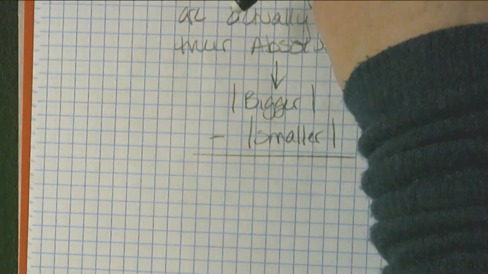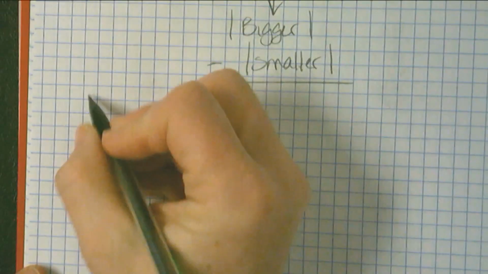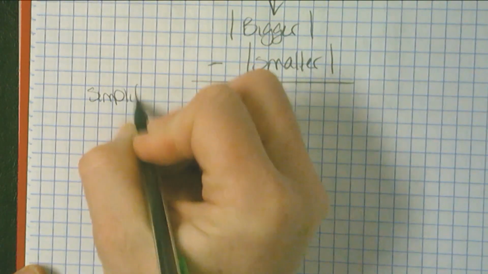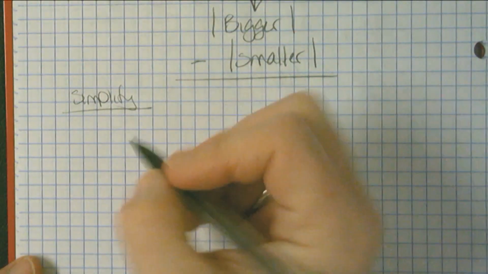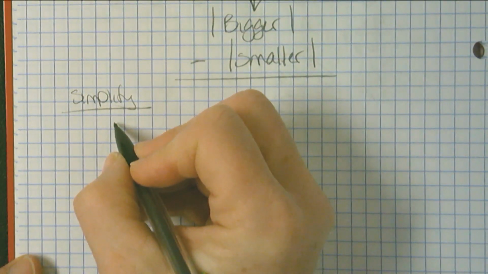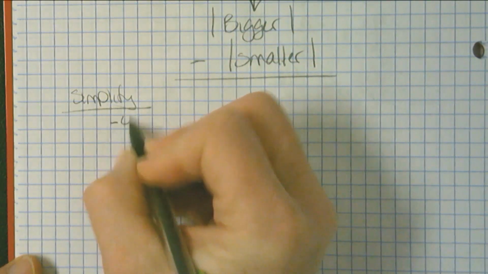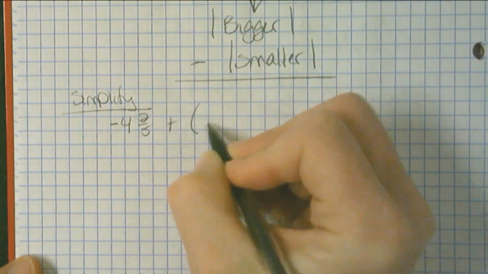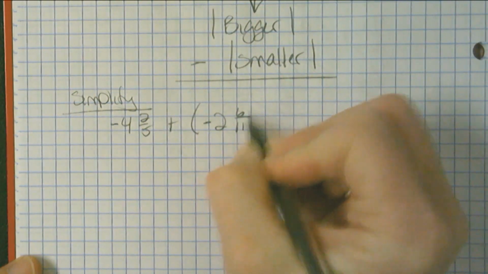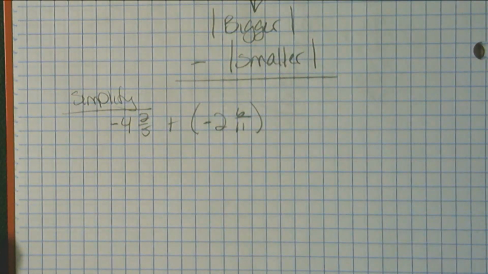So I want you to simplify this problem: negative 4 and 2/5 plus a negative 2 and 6/11. All of you do that work, please.